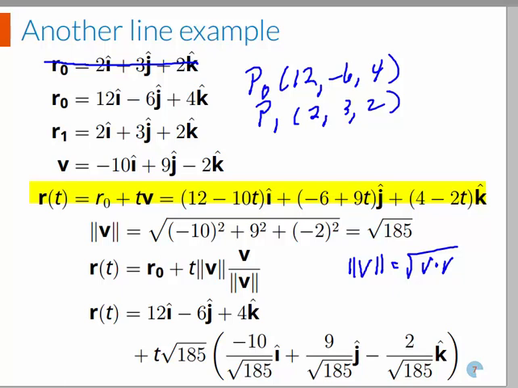And using the second form, we then leave R naught by itself, because that's the starting point. This would be the speed, and this is the unit vector in the direction of V.